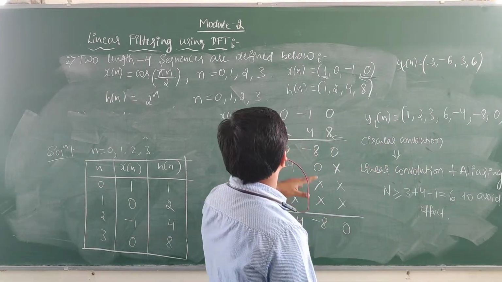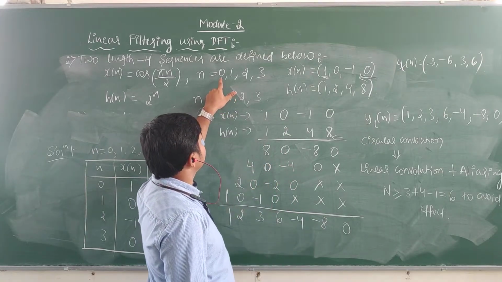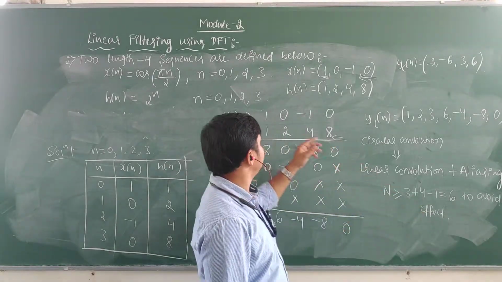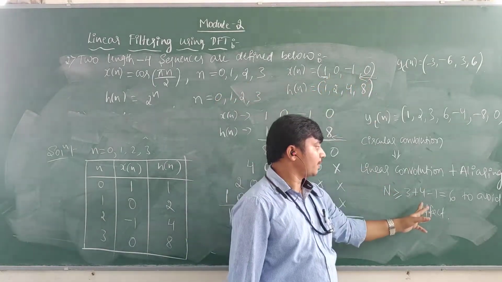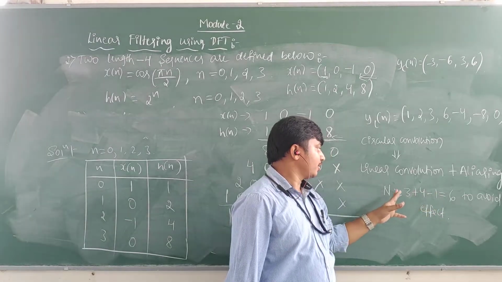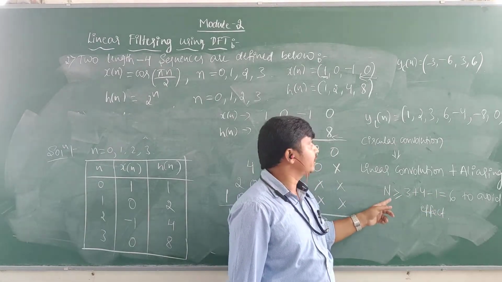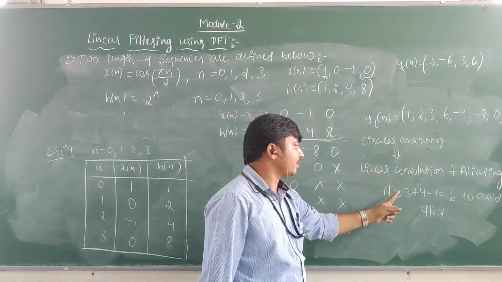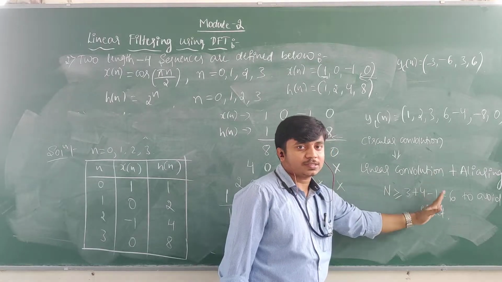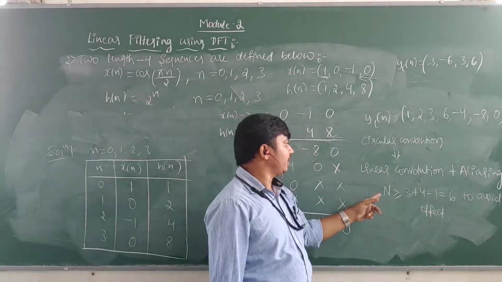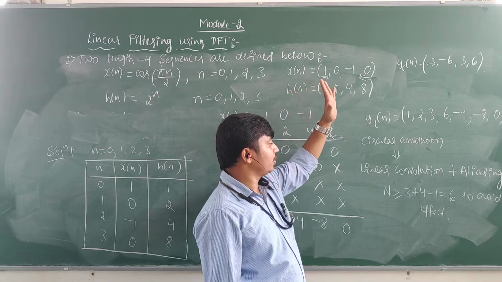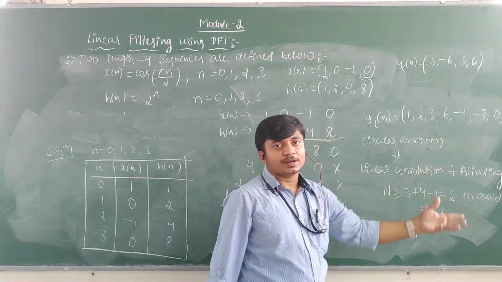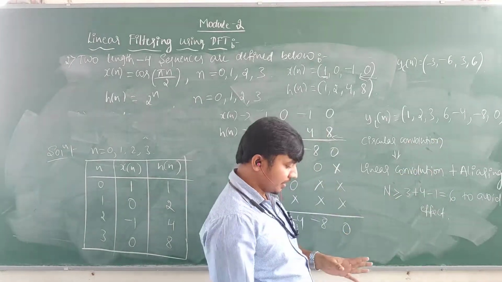The n range here is 0 to 3, and the length is 4 minus 1. N is the length of this x of n. If the length is equal to or greater than 6, then this aliasing effect will be removed.